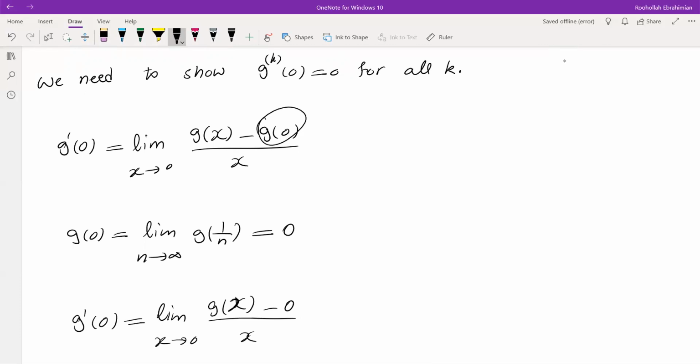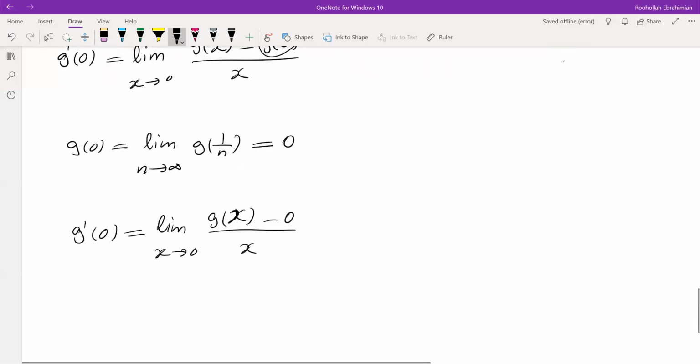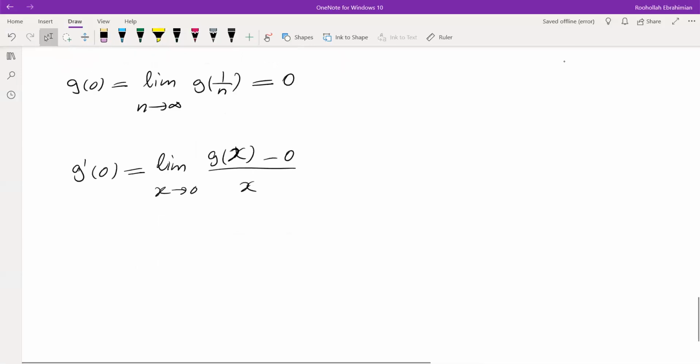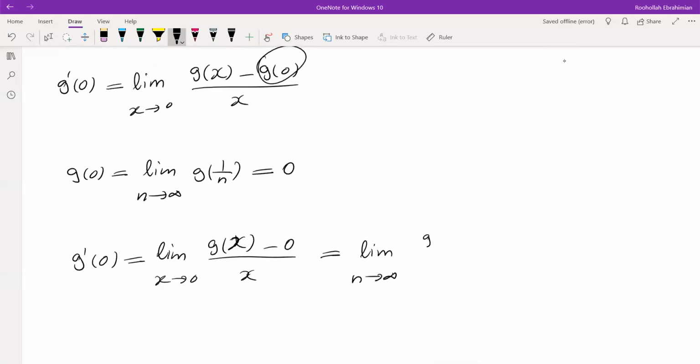Okay. Unfortunately, I don't really have any information about g other than the fact that g of 1 over n is 0. Well, that's nice, because 1 over n is a sequence that approaches 0. So if I plug in 1 over n for x, I get this.